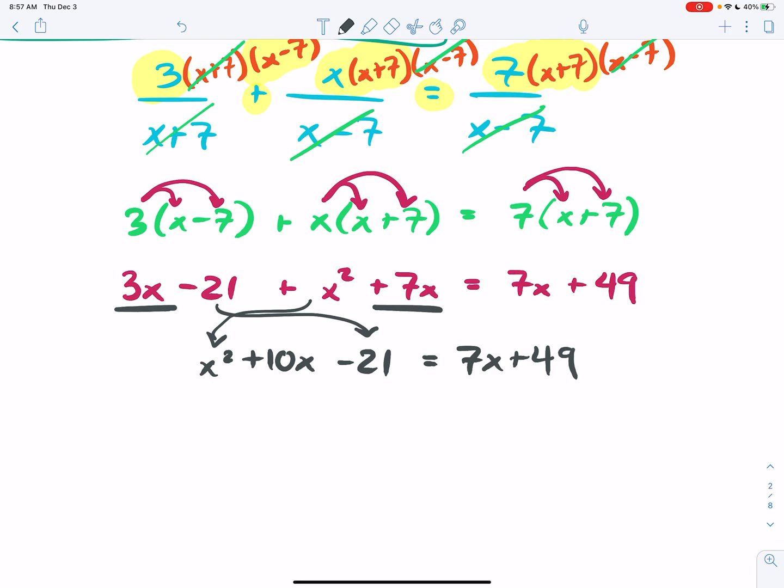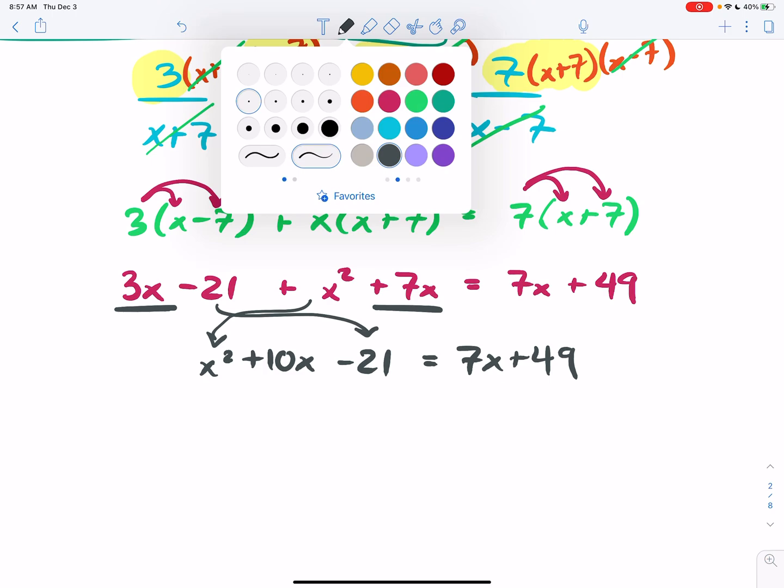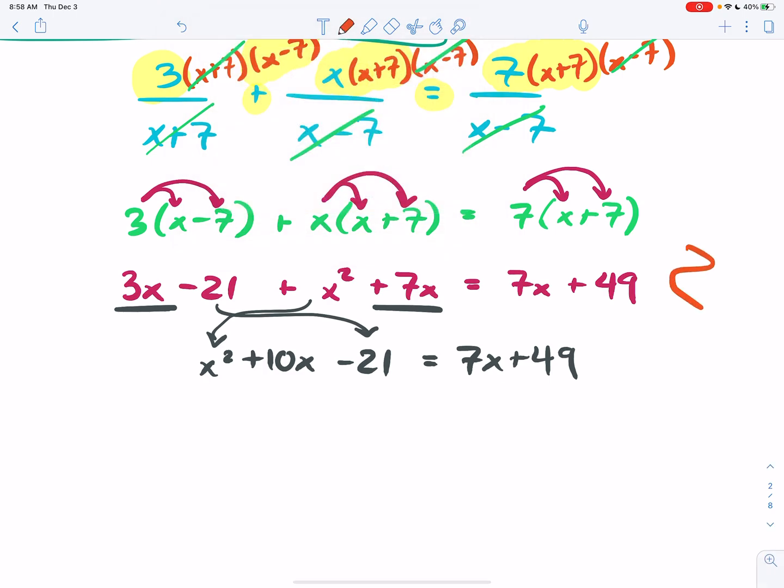Okay. All right, so since we have a quadratic, we're going to try to solve this using the zero product property. First thing is we have to get a 0. So we're going to try to move these two things over here. The way we do that is we do the opposite. So if I subtract 7x here, I should subtract 7x right here.